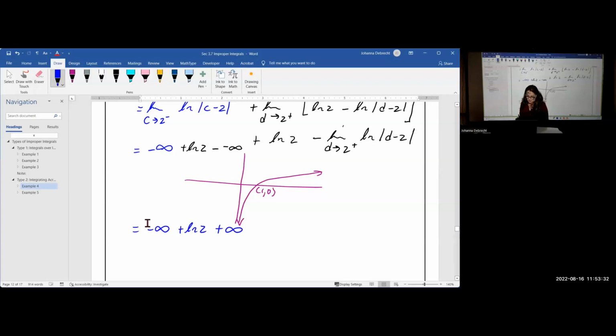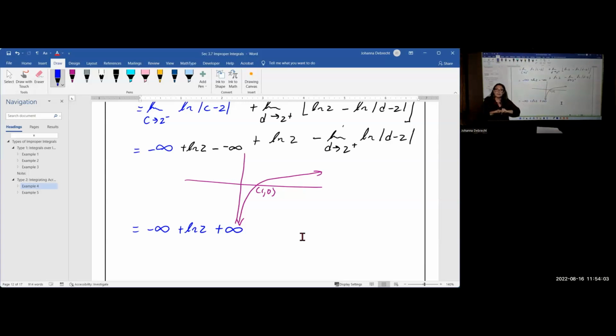Now, here is where some students really, really struggle with interpreting this result. The problem isn't with the natural log of 2, it's finite. The problem is that we have two competing directions. This wants to pull it to negative infinity, this wants to pull it to infinity. You cannot say that they cancel out. Remember that there are different sizes of infinity called cardinality.